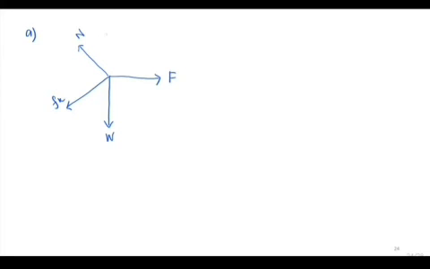Don't forget to put the direction of acceleration. We want to determine the acceleration of the block. I suggest you draw the free body diagram again, including the inclined angle.